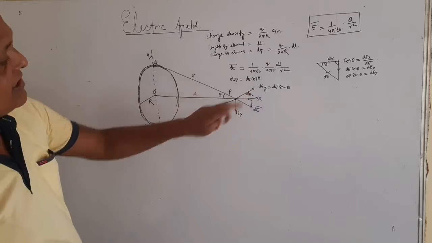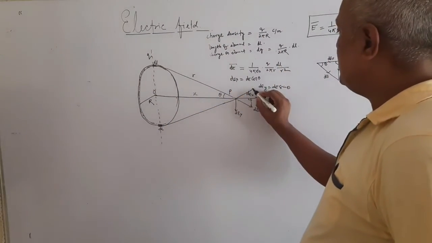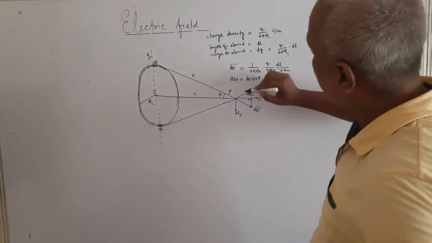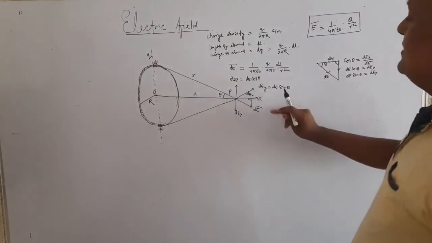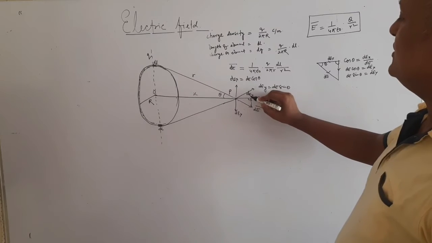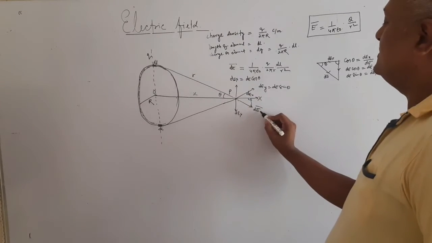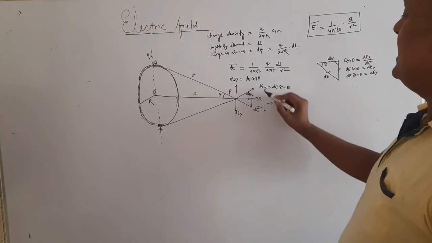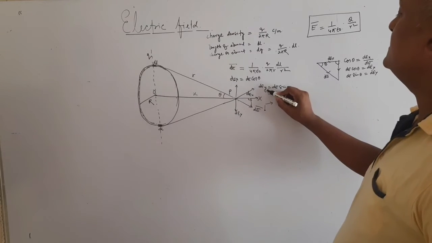If you again resolve this, you will have a component along the x-axis like this, and one component along the y-axis that will go upward. Now you see that the horizontal component dE cos theta of this one is coming in this direction, and the horizontal component of this one is coming in this direction, and the vertical goes in this direction, and the horizontal of this one also goes in this direction, but the vertical goes in this direction.